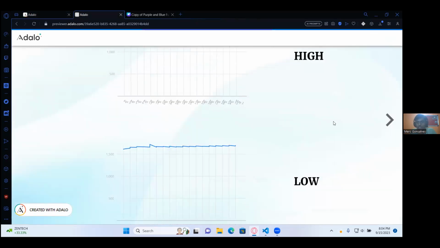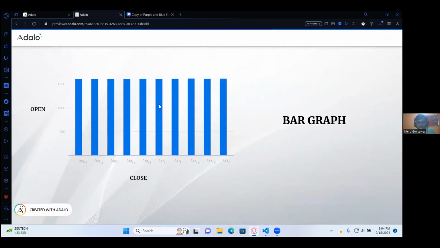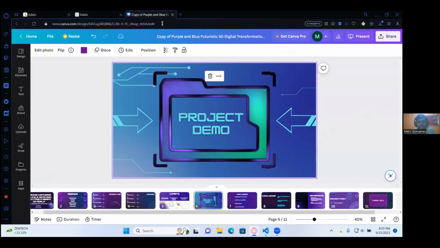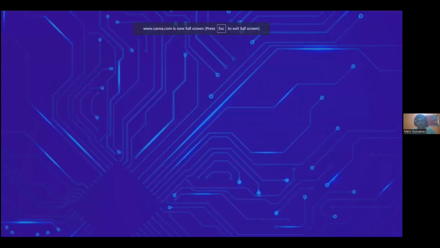Even the bar graph looks very similar, because all of the values are nearly the same. And then that concludes the project demo.